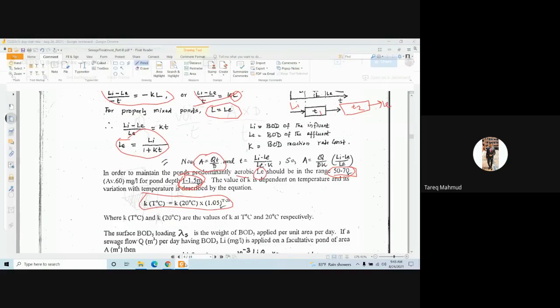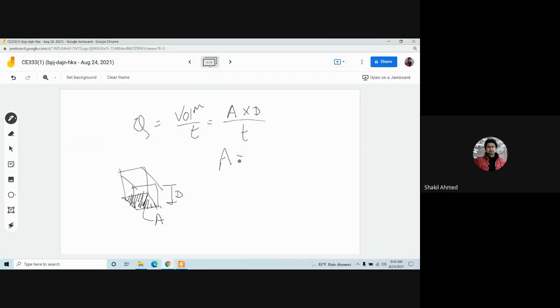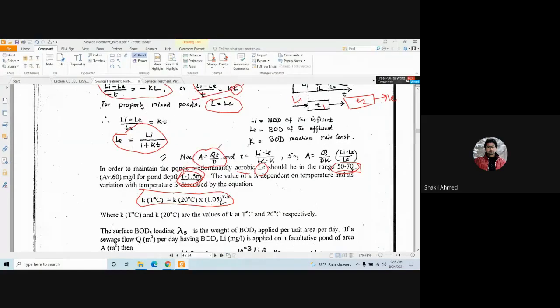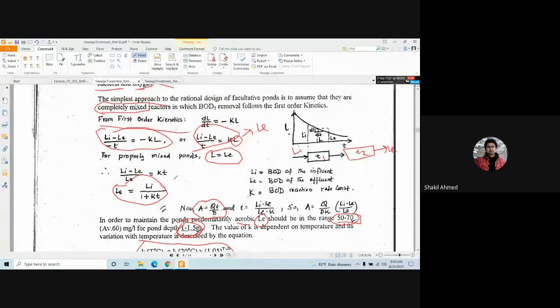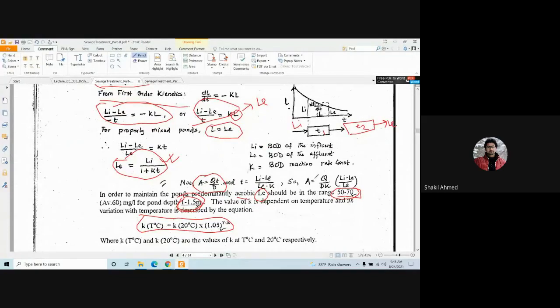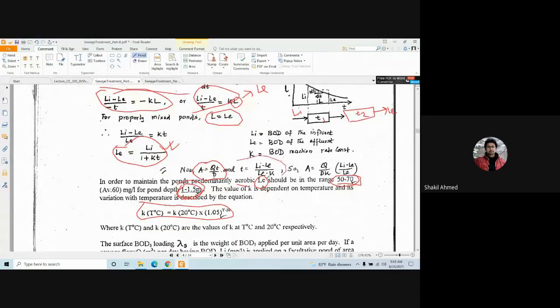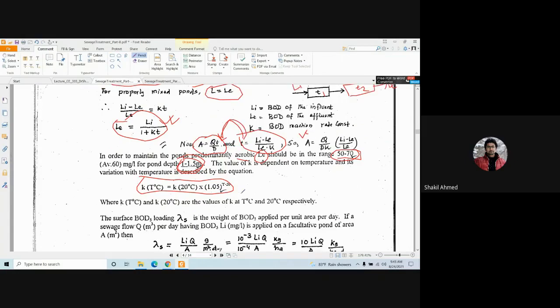Yes, sir. So you can write A equals QT over depth. And if you rearrange this, you'll get this. And from these two equations, you'll find A equals Q divided by D into K, Li minus Le divided by Le. How? If you replace this T here, you'll get A equals this. Okay.